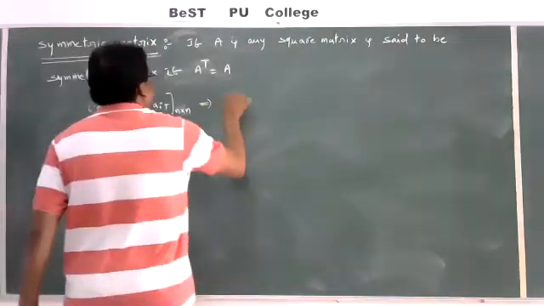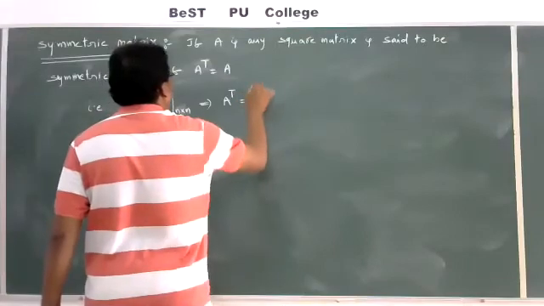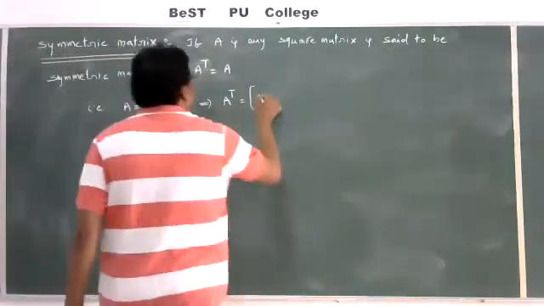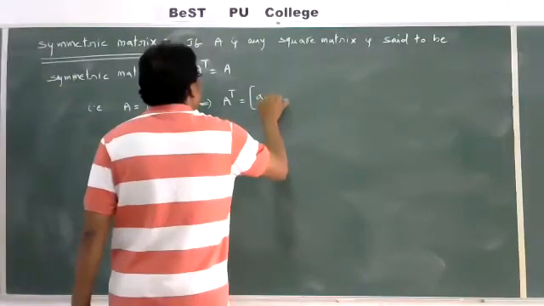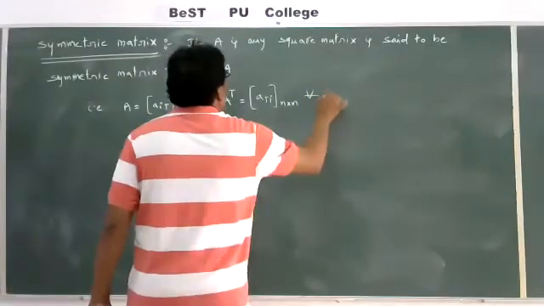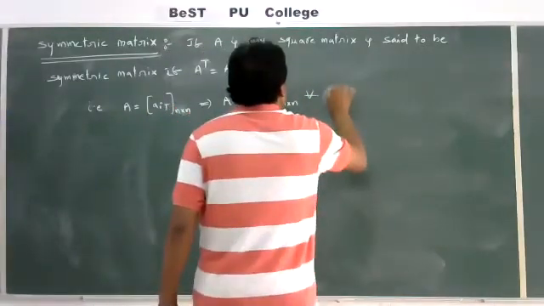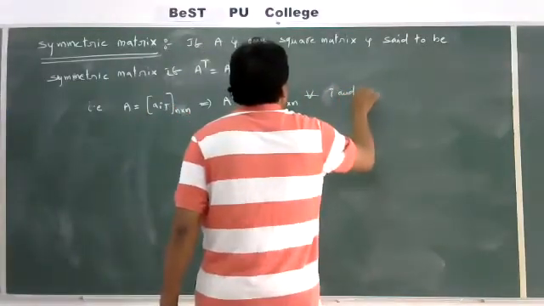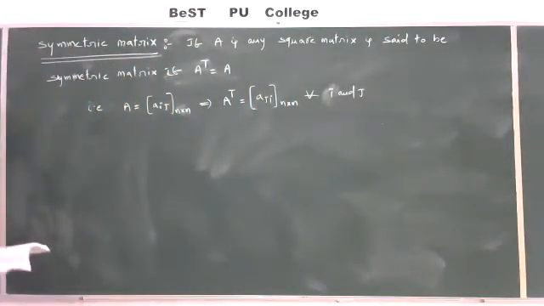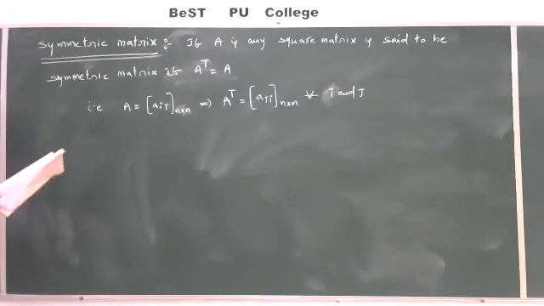Then you get A transpose is equal to Aji, n by n, for all i and j. Here i is equal to j, for all i and j.